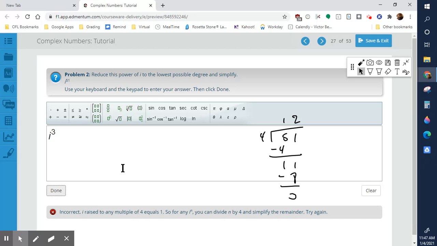I don't understand why it's not the power of 3. Use the keyboard, right? Lowest possible term and simplify.